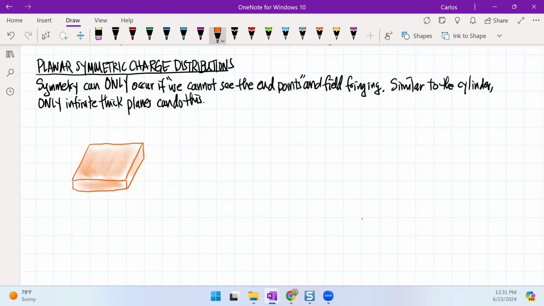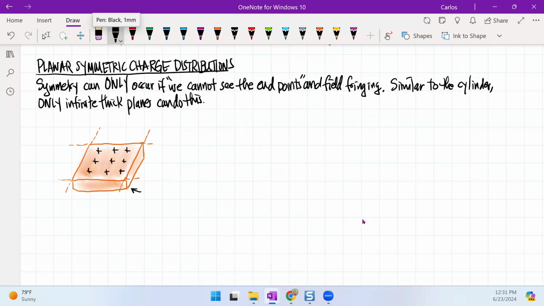So if I'm looking at this, remember, I cannot be close to the endpoint. So it just keeps going on. If I look at the charge distribution here, I'm going to get a uniform charge distribution that looks something like this.